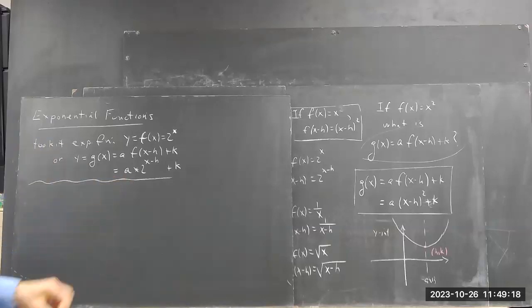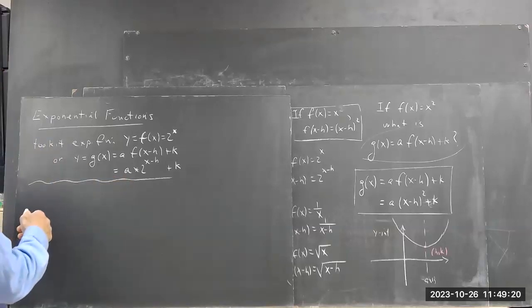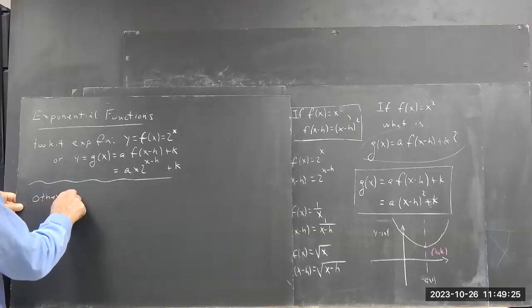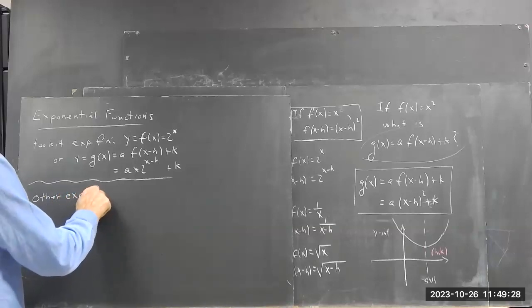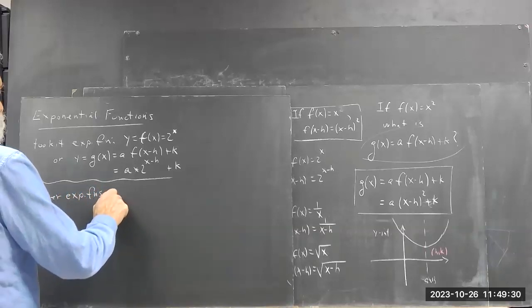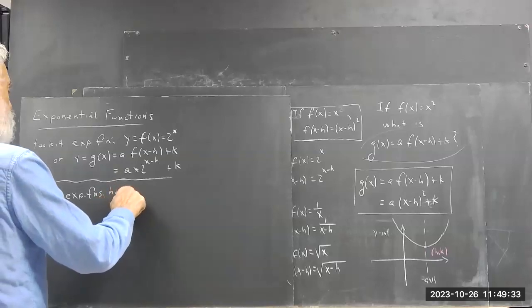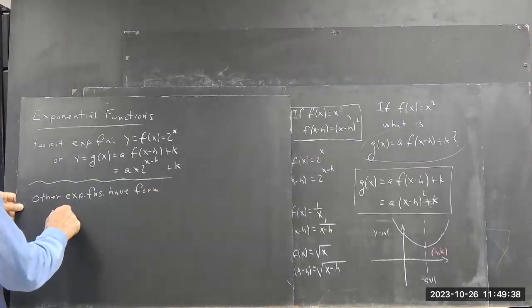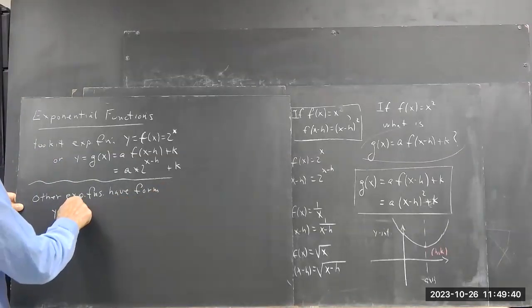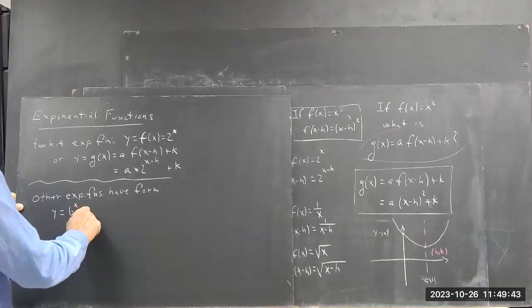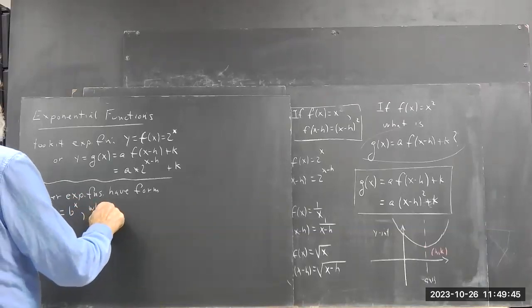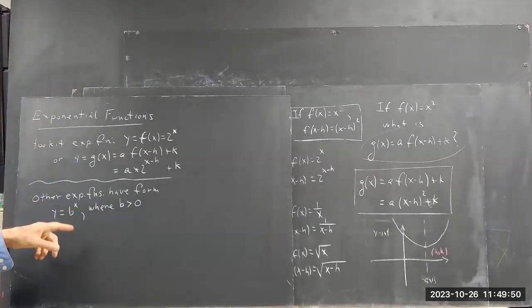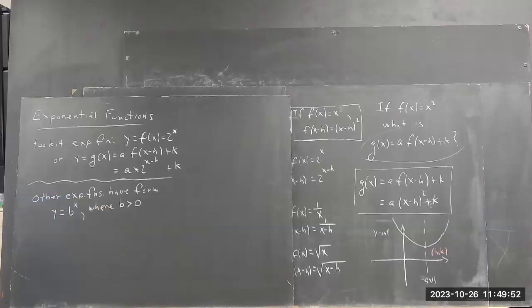Now, what we want to look at right now: other exponential functions have the form y equals b to the x, where b is greater than 0.